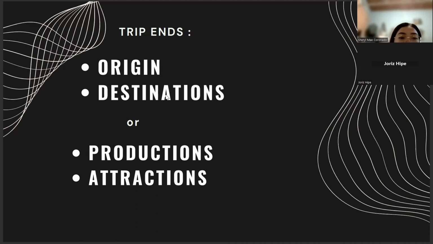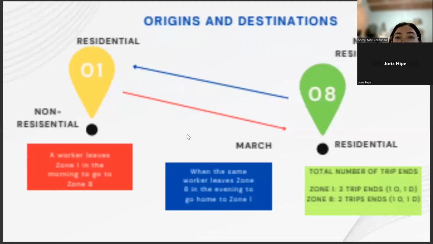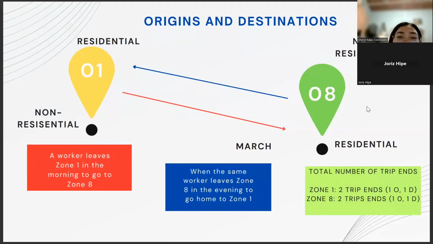Origin and destinations, or productions and attractions, are two sets of terms, but there is a technical difference. So, origins and destinations. As you can see on the figure, we have here residential and non-residential, and also in zone 8 we have non-residential and residential.